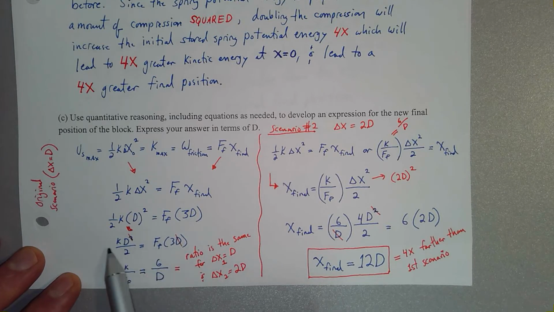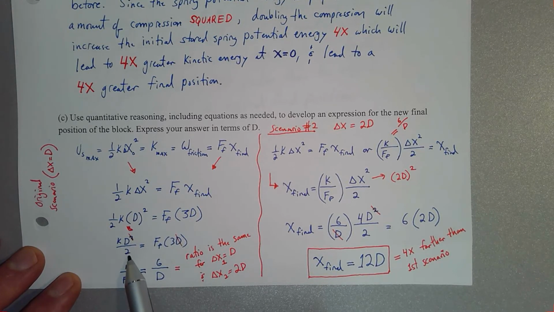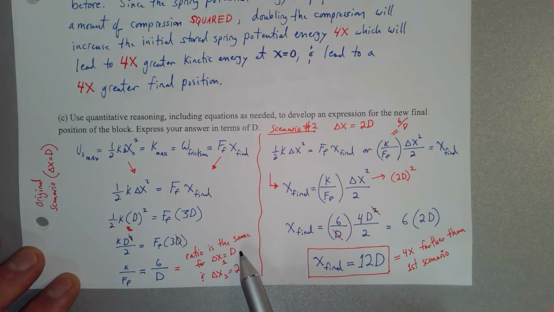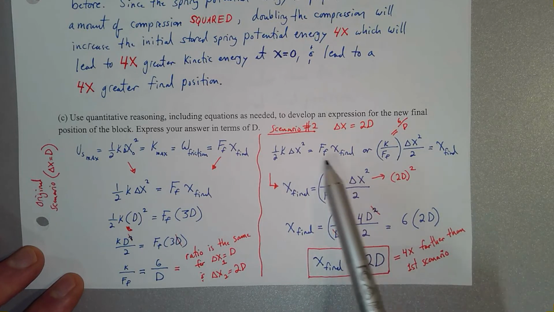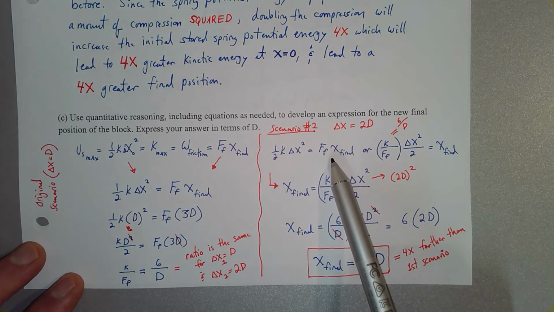Then I divided each side by the force of friction. And then I multiplied each side by 2. And we get that the ratio of k divided by the frictional force is equal to 6 divided by D, right? And that is going to be the same no matter how much the spring is compressed. So let's now go back to our equation right here that we came up with for our new scenario.